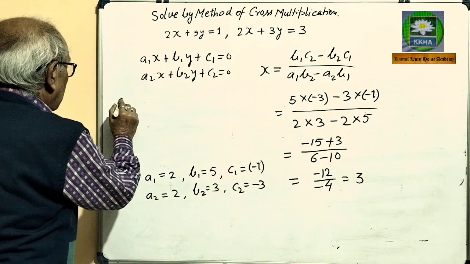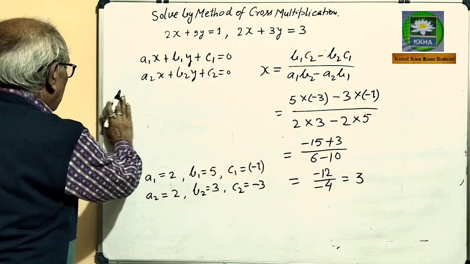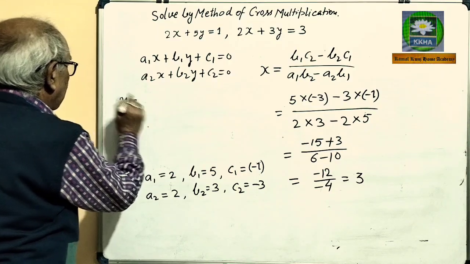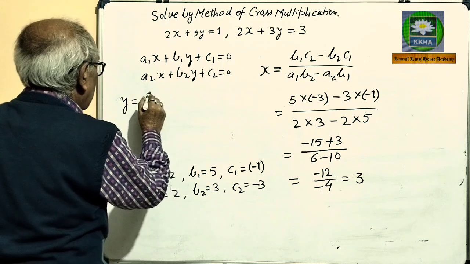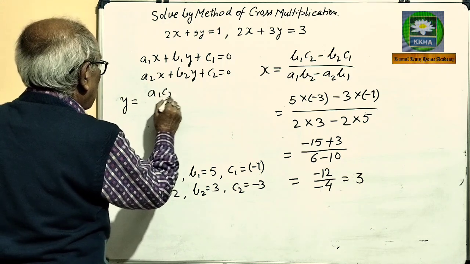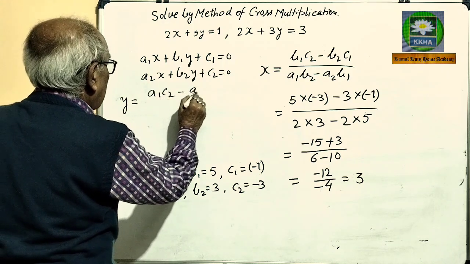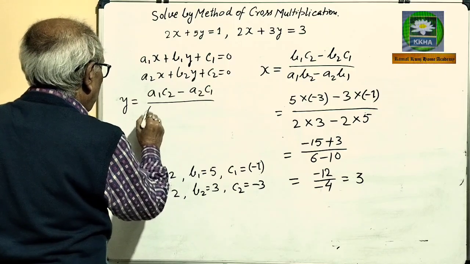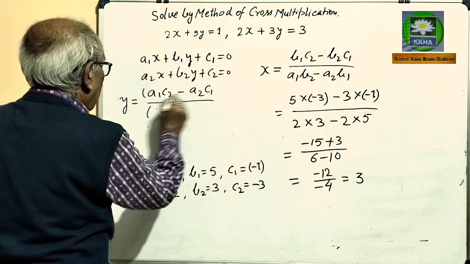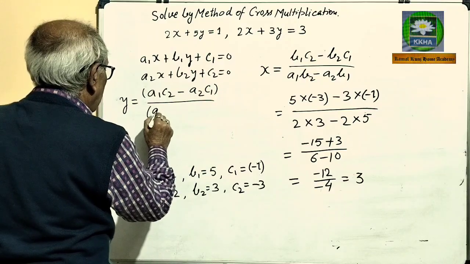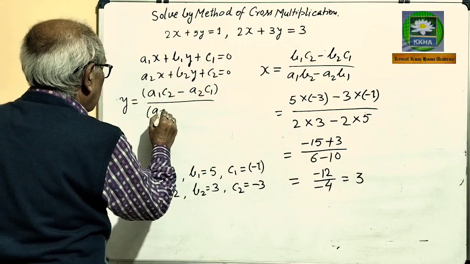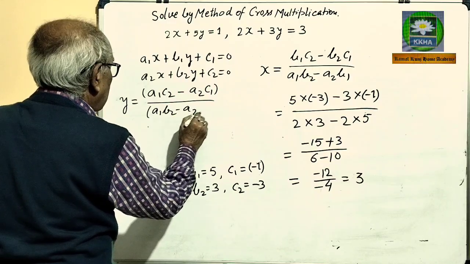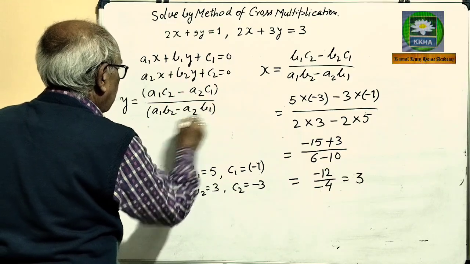And y is equal to a1 c2 minus a2 c1 upon a1 b2 minus a2 b1.